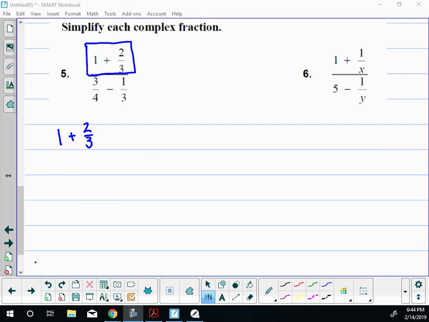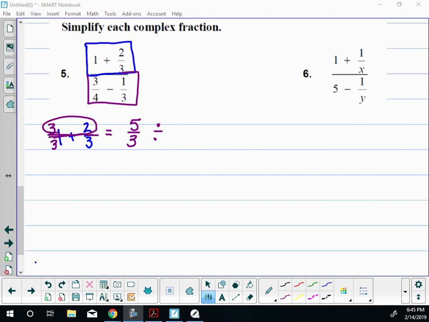And we want to write that as a single fraction. So we would need to have a common denominator of 3. So multiply top and bottom by 3. So 3 plus 2 gives us 5 over 3. So we have 5 thirds, and then we're going to divide that by whatever's on the bottom.